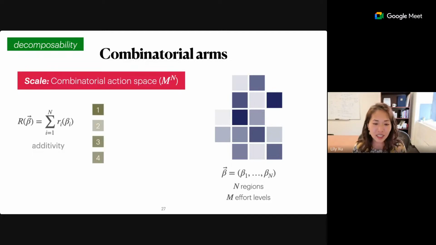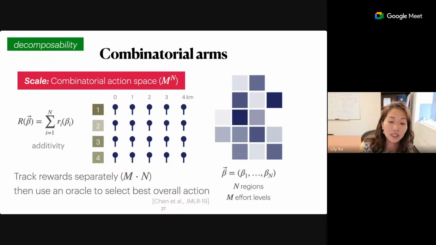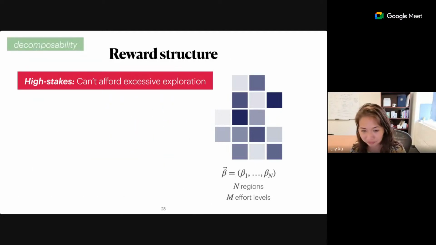And this means that instead of having to track expected reward of the combinatorial action, we can break up the space into each region, n, and each level of effort, m, and track the expected reward of each of these separately. So now this reduces the number of actions that we're considering from an exponential m to the n to a linear m times n number of reward estimates, greatly reducing our search space.